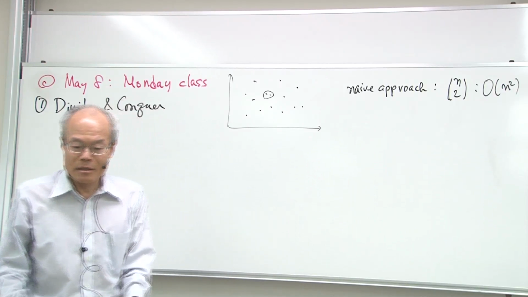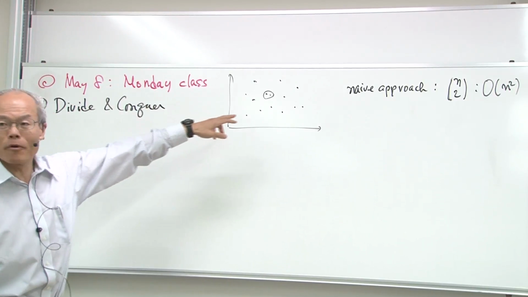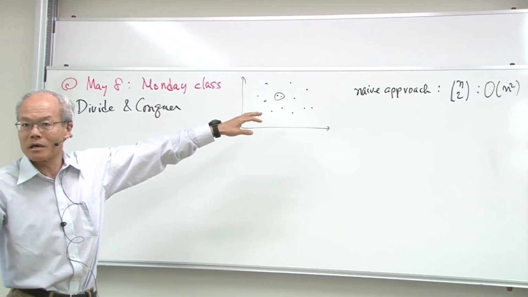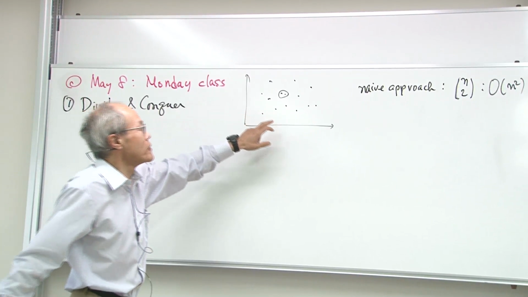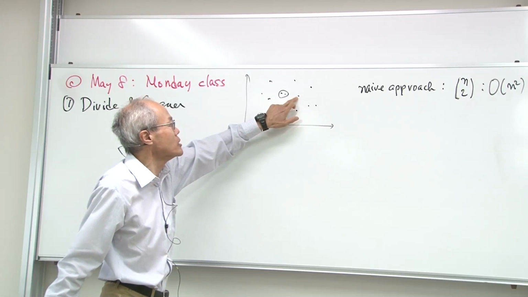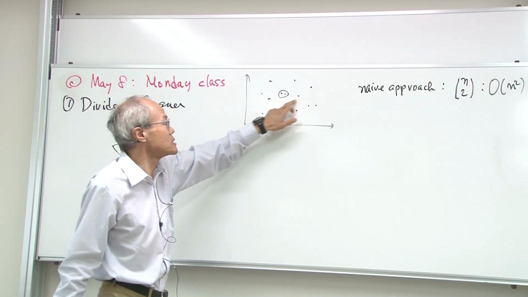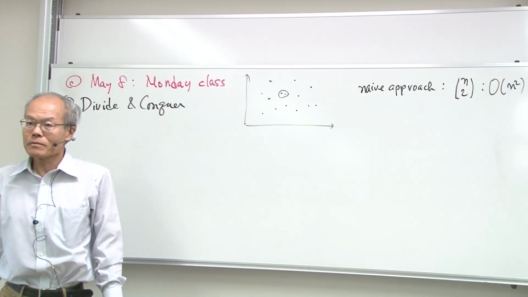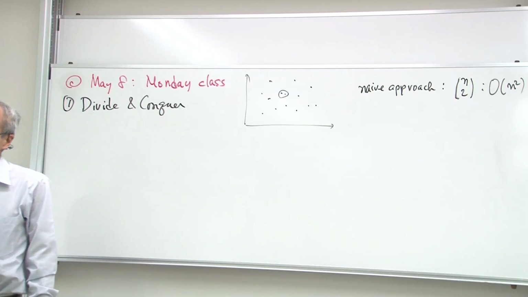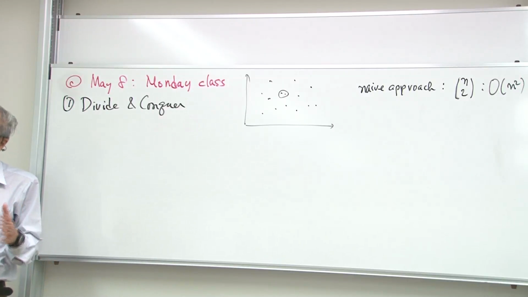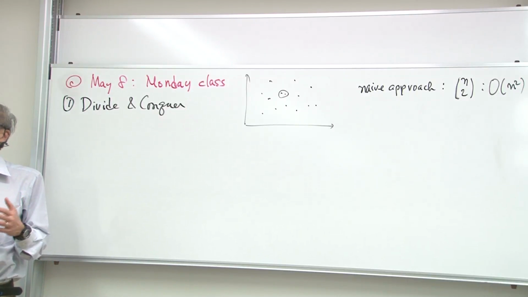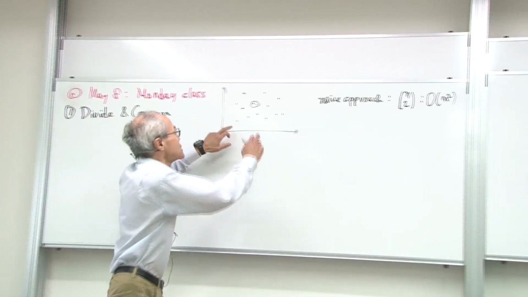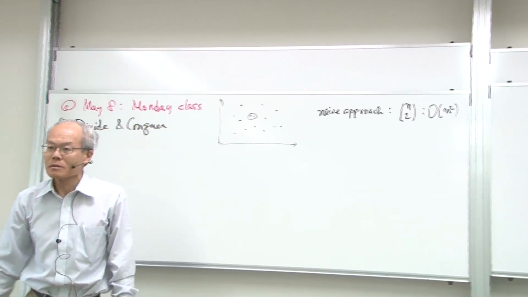But if you look at these points, you immediately notice that it is stupid to check, for example, this point and that point. Obviously, it's useless. But the important thing is it's not so easy to find a systematic way of excluding those obviously non-closest points.